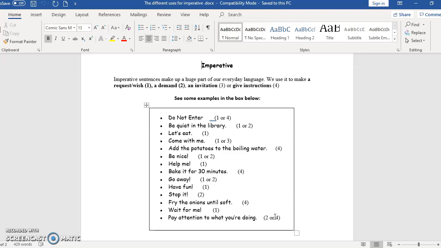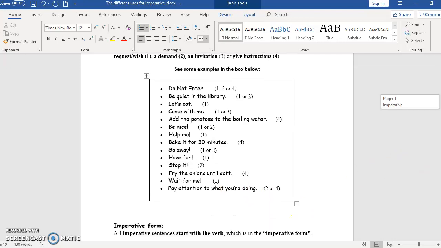If you say, do not enter, it's of course a wish. But if you say, do not enter, it is an instruction. It may even be a demand. So it could be number 2 as well. Maybe I'll add that. Okay? So they are very simple, clear, straightforward sentences, and that's the way you use the imperative. I let you read over them yourself.